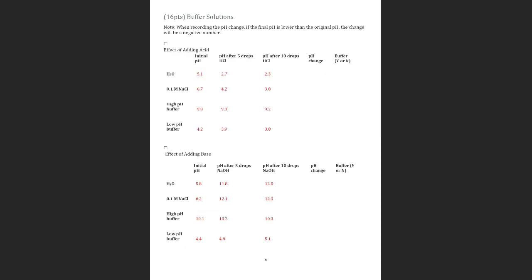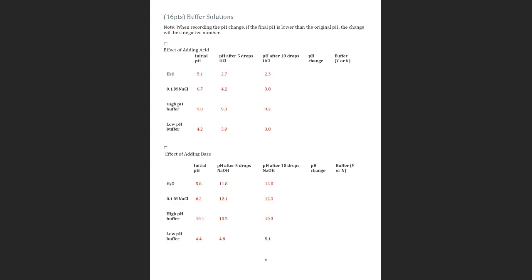Then the next part is what you have to complete. Basically they are telling you here, you can read the procedure in the write-up in the PDF. If you have any questions or you have to refresh, you can always go back because it will tell you step by step how they did the experiment, like if you happen to do it or if you had to do it in the lab.